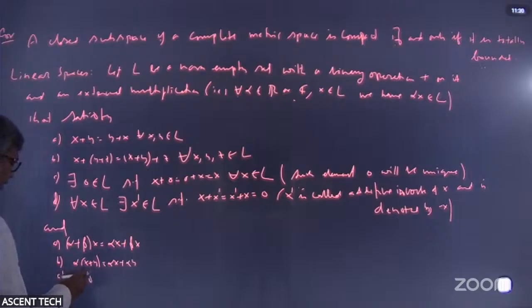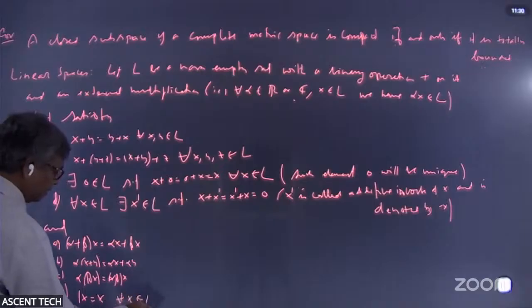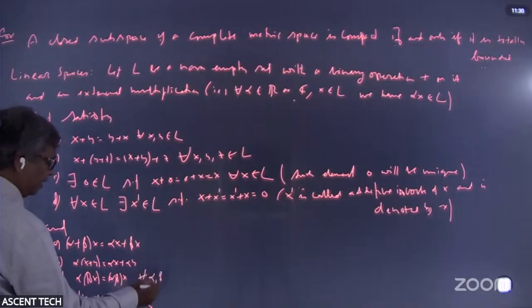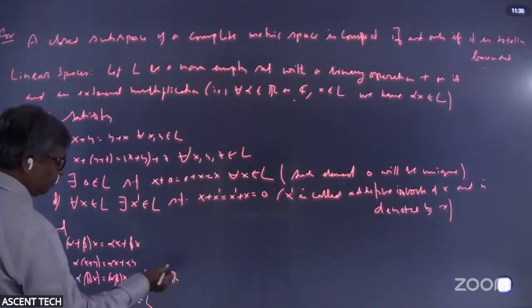Alpha into beta x is the same as alpha beta into x. And finally, 1 is there in R, right? 1x is x for all x in L, for all alpha, beta in R or C.